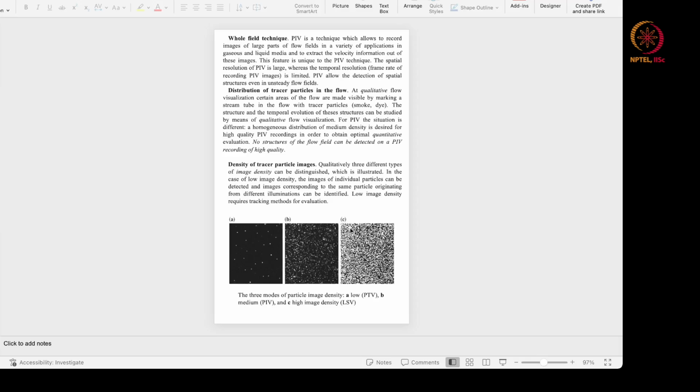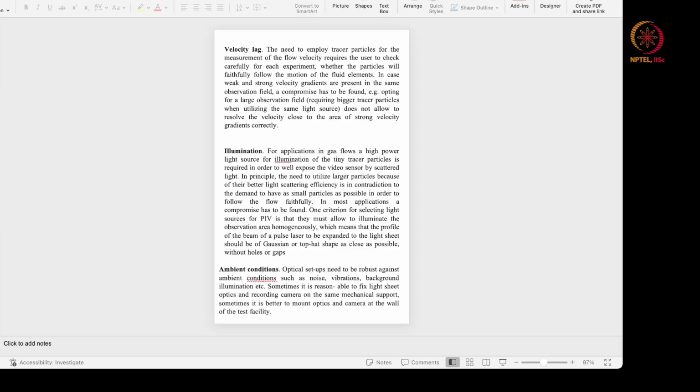And here, of course, you have speckles. This is very large density. The light from the particles actually overlaps with each other, so you get speckles, and this is therefore called laser speckle velocimetry. In all of them, you measure the scattering of the particles coming out. It's the density of the seeding that makes all the difference.